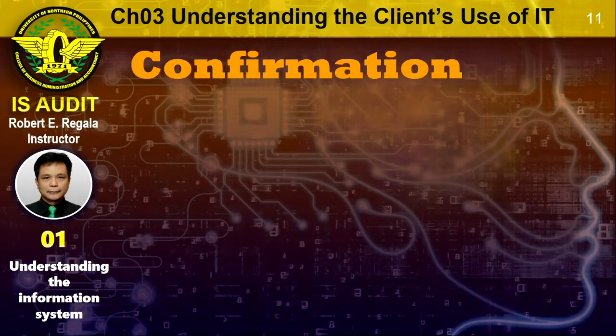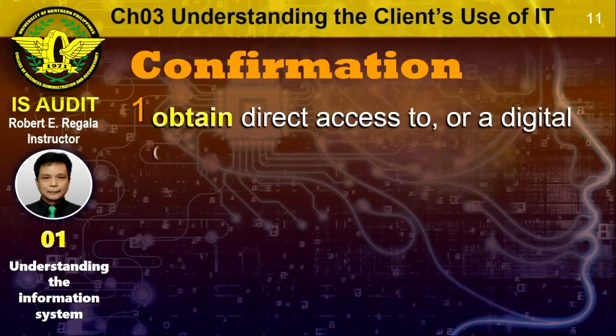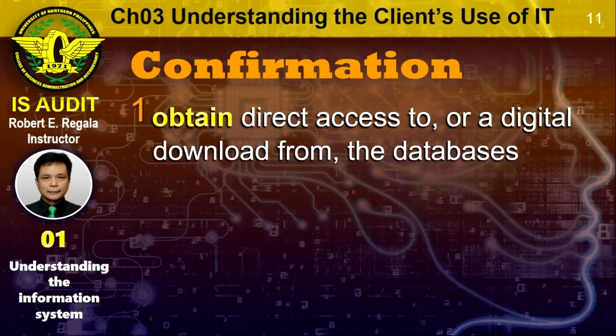Confirming the understanding. The auditor may also use automated techniques to: 1. Obtain direct access to or a data download from the databases in the entity's information system that store accounting records of transactions. And 2.